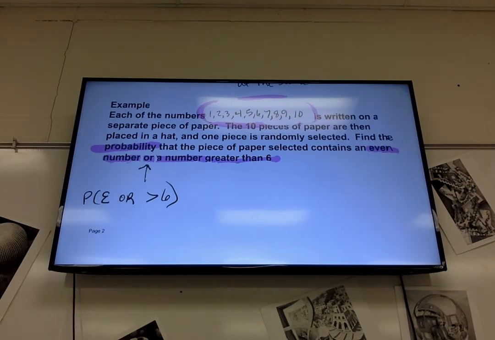It's the probability that it's even, that's what the E stands for, plus the probability that it's greater than 6, then minus the probability that it's even and greater than 6, at the same time.